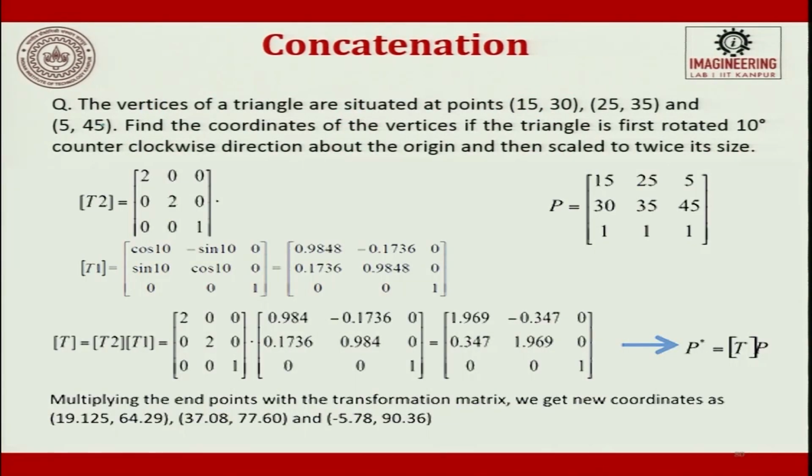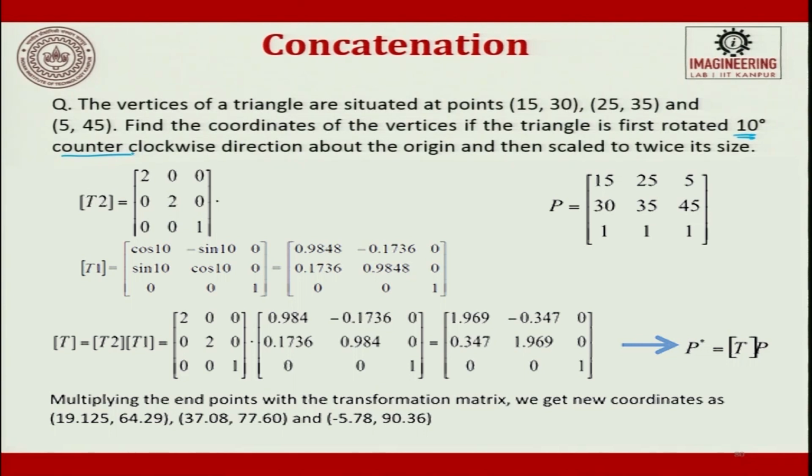So, let us take an example. The vertices of a triangle are situated at points 15, 30, 25, 35 and 5, 4. Find the coordinates of the vertices if the triangle is first rotated 10 degrees in the counterclockwise direction. You should see this counterclockwise direction.